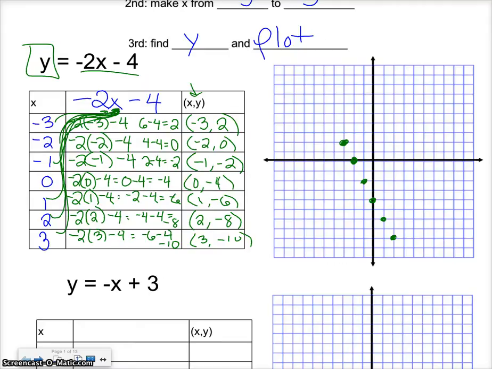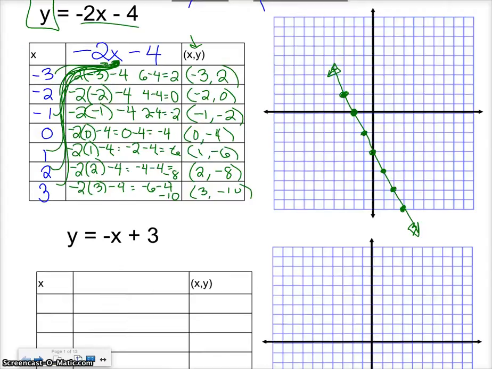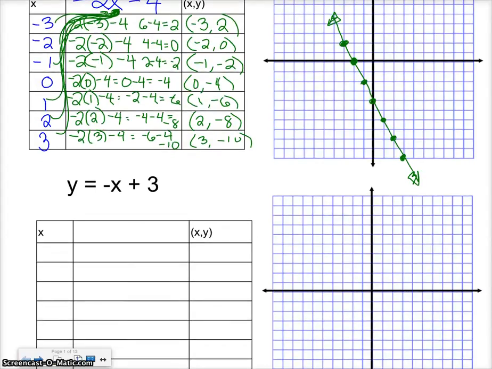That's getting you ready for next unit, slope. (3, -10). And see, it looks like a beautiful line. Now you connect them to the best of your ability and extend it with arrows. You have to. It's not a segment. This is actually a line, so a line has arrows. A line goes on for infinity. If you don't include the arrow, you're saying it stops, and the line never stops.